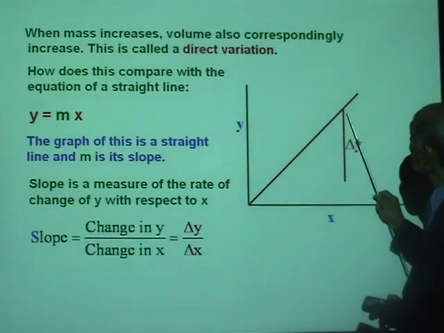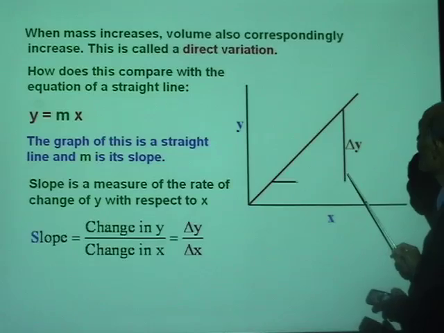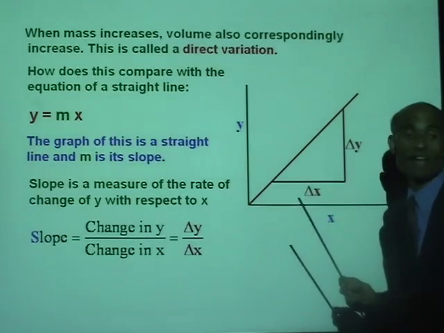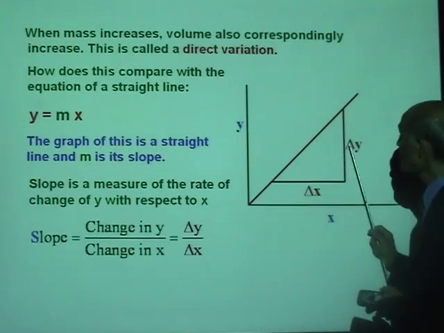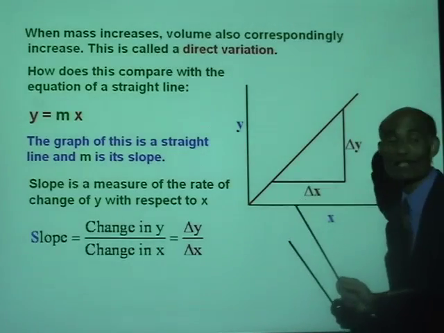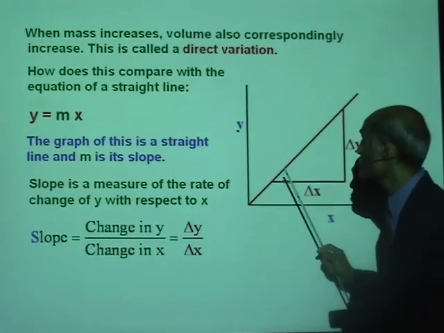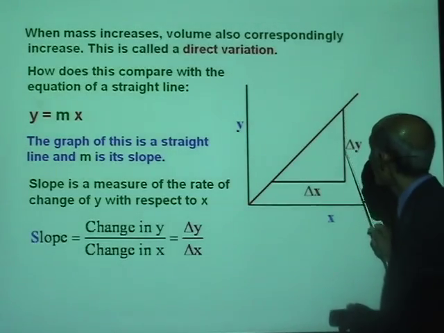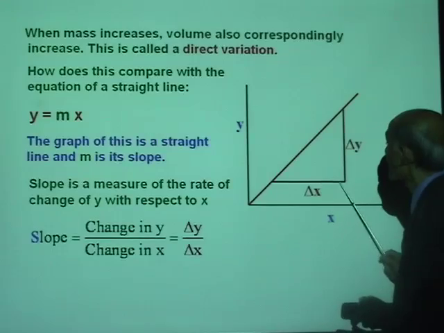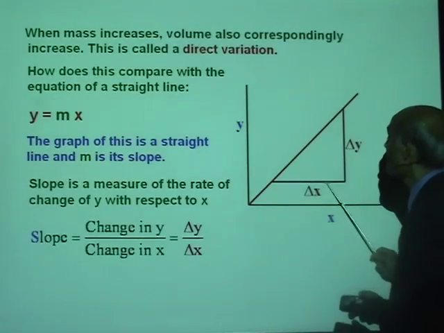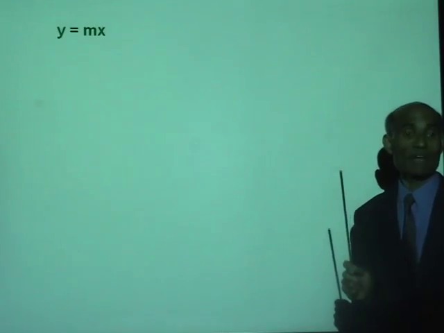Now, here I can measure the change in the value of y, and here I can measure the change in the value of x. So delta y divided by delta x. Now, in algebra lesson, you are taught slope is rise divided by run. Change in the value of y divided by change in the value of x.